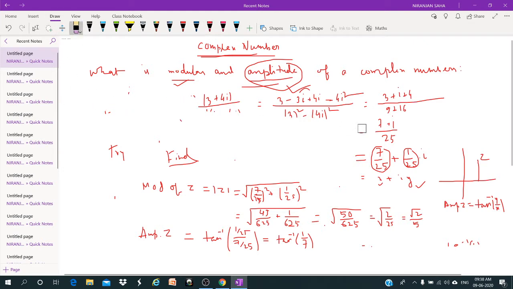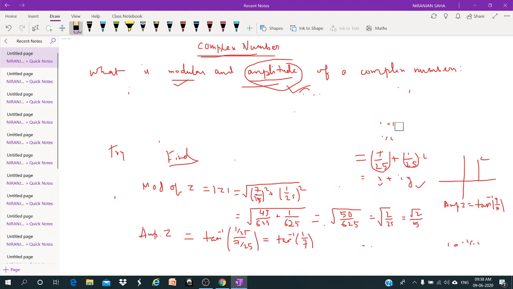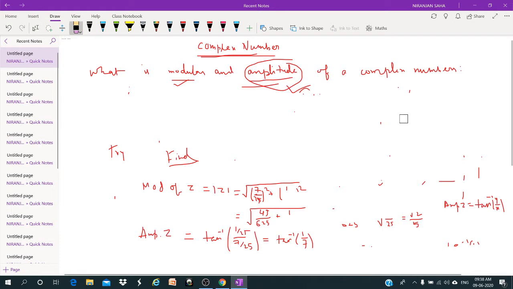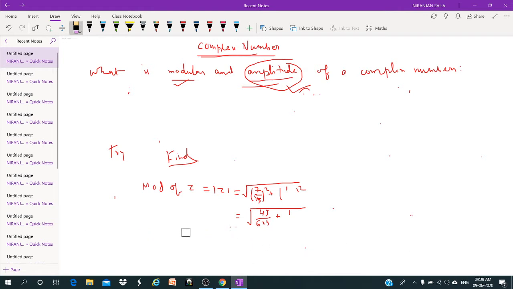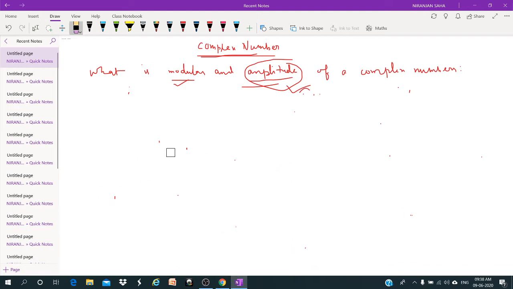Let's take another topic. What is the modulus amplitude form?